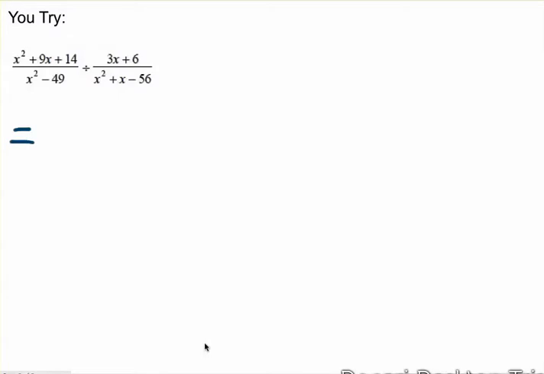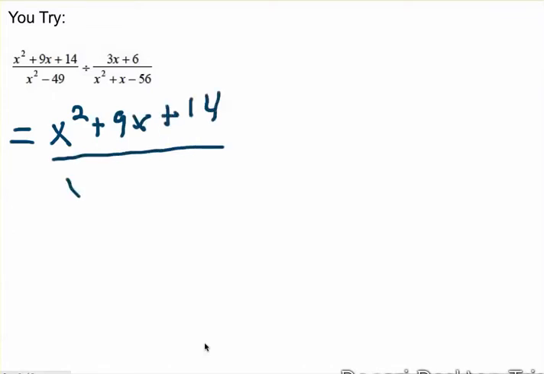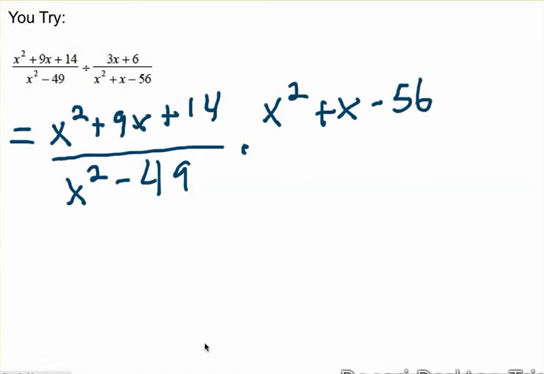Remember, you keep the x squared plus 9x plus 14 over x squared minus 49. Change it to multiplication, and then flip the second fraction, which is x squared plus x minus 56 over 3x plus 6.